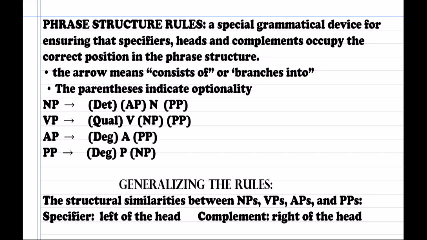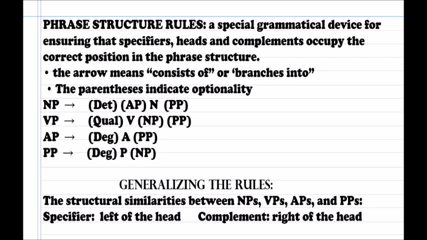Now we have phrase structure rules. This is a special grammatical device for ensuring that specifiers, heads, and complements occupy the correct position in the phrase structure.